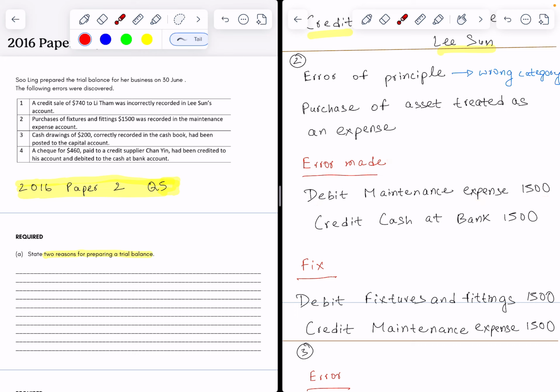So the main error here is the first line where we debited the maintenance expense by $1,500. We didn't really have any expenses to begin with. This should have been actually the assets which were supposed to be debited.